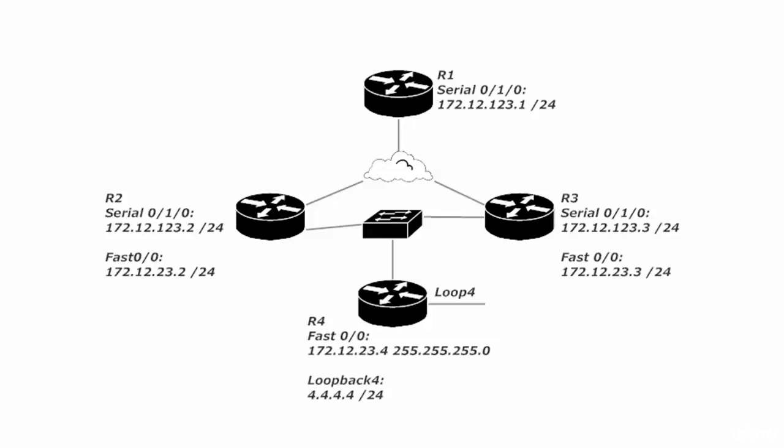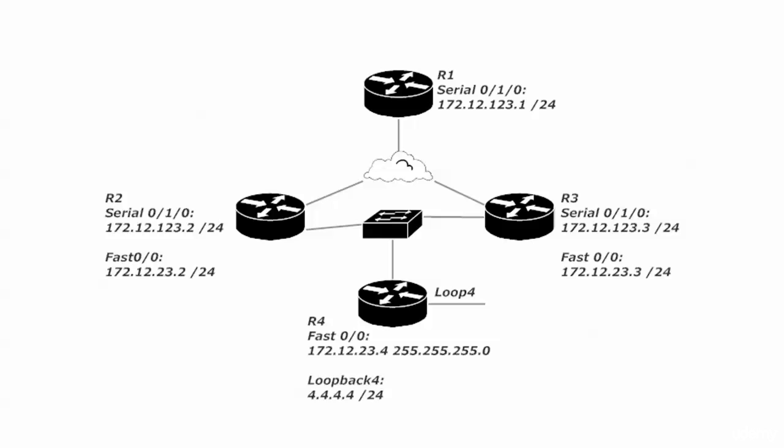That subnet is being used on routers 2, 3, and 4 on their fast Ethernet interfaces, and also router 4 is running a loopback, the all 4's IP address there with a /24. The entire network is configured for RIP. You've seen these commands over and over, so I've gone ahead and done that for you this time: the usual network commands, version 2, no auto-summary, and you're ready to go.